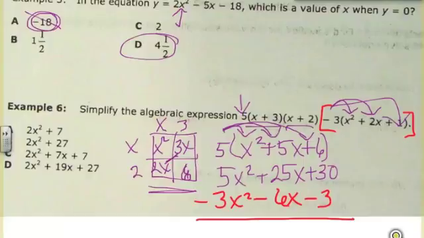So 5x squared and negative 3x squared is 2x squared. 25x minus 6x is plus 19x, and 30 minus 3 is positive 27. So answer choice D.